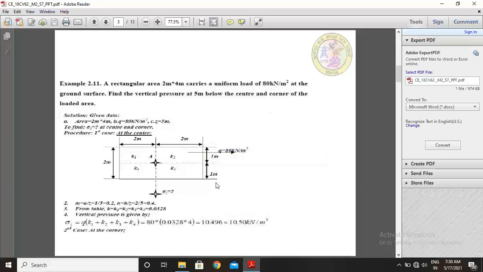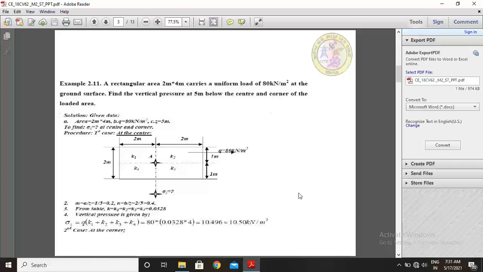Now this becomes 1 meter, this becomes 1 meter. Load is applied here, that is 80 kilonewton per meter square. This is the center of the rectangular area, point A at a depth of Z equal to 5 meters, and this is the required point, sigma Z equal to how much. Then you locate the 4 rectangles in terms of k1, k2, k3, k4.